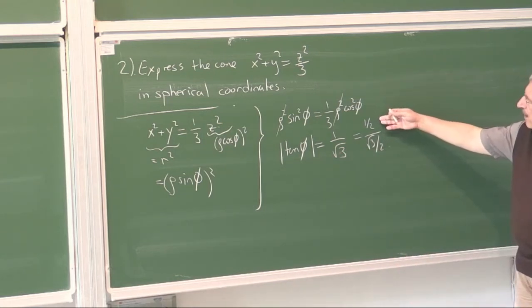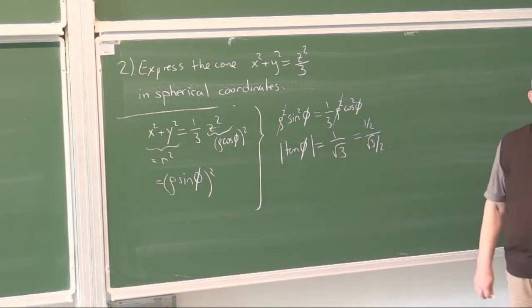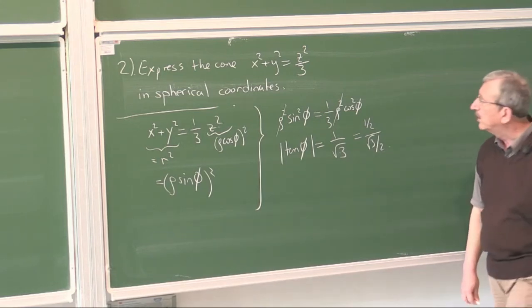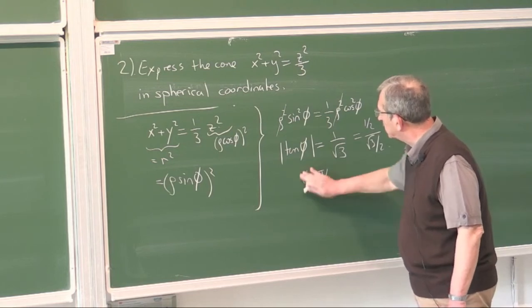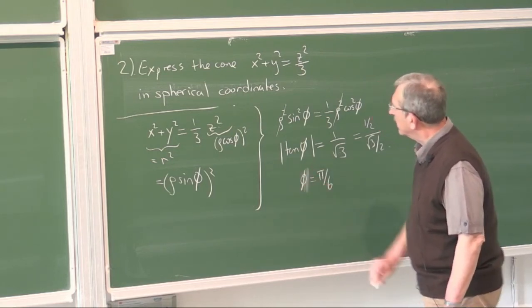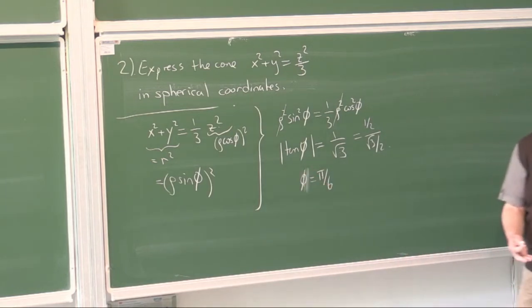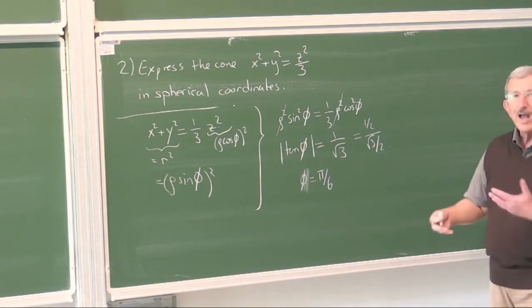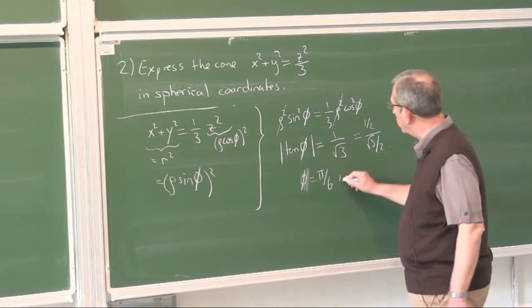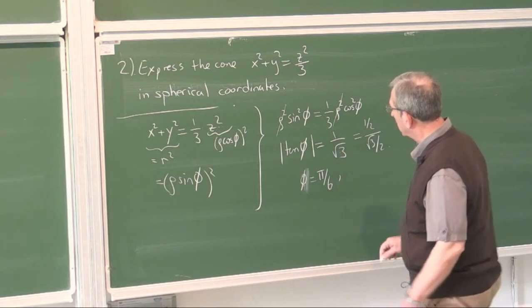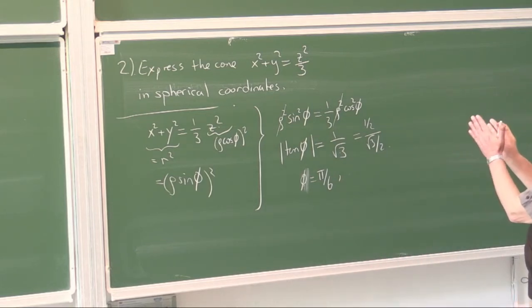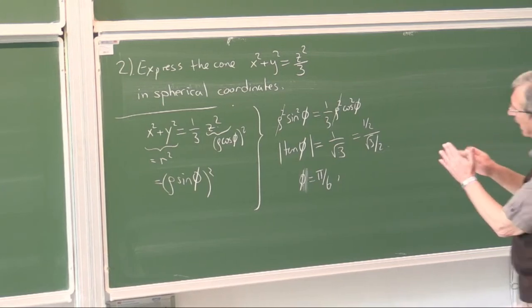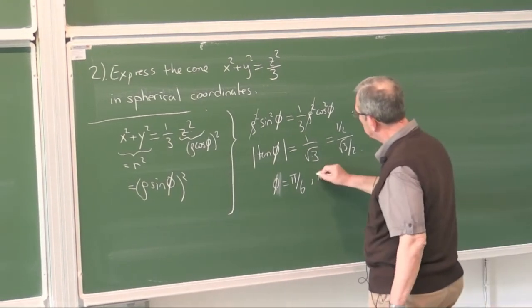So sine of phi is 1/2, the cosine of it is √3/2. So this says that phi is pi over 6, if positive. But it can as well be negative. So it can be pi over 6, or pi minus pi over 6.